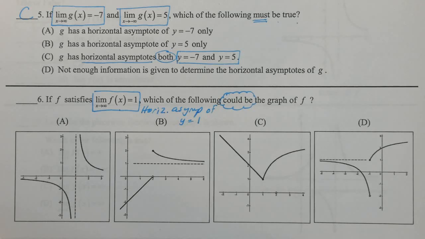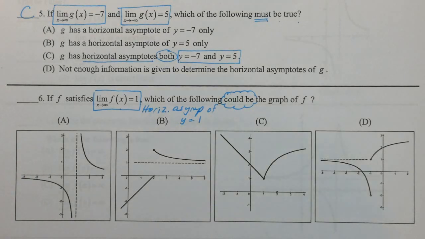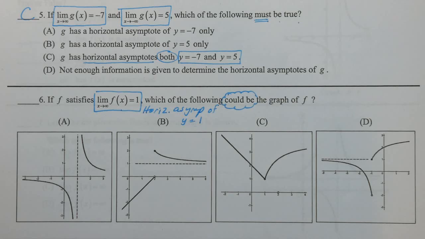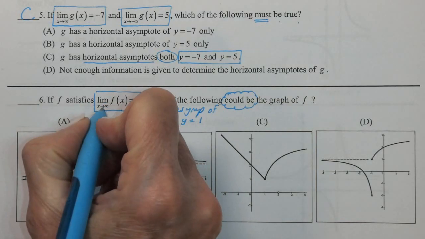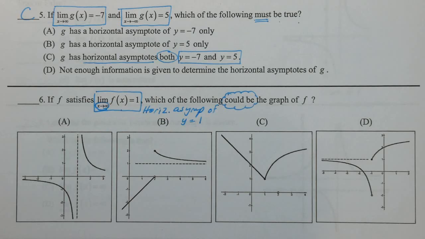I am looking at this. Do I see two of these? What's going on? Oh, I see now. X is only approaching positive infinity. X is only going to positive infinity, okay?